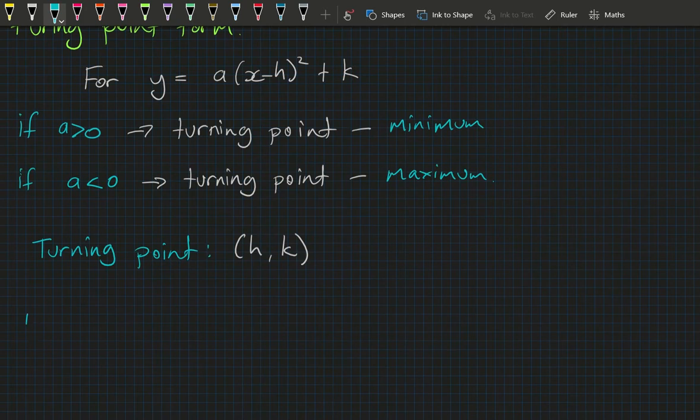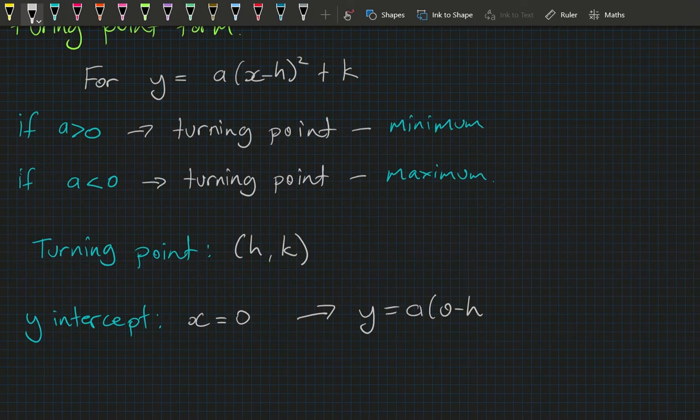And as usual, the y-intercept is where x equals 0. So you can just sub in 0 for that x and you'll get y equals a times (0 minus h) squared plus k. And just a little bit of algebra will tell you that the y-intercept is a times h squared plus k. But I'm guessing that most of you will just sub in x equals 0 because our equations aren't that complicated normally.